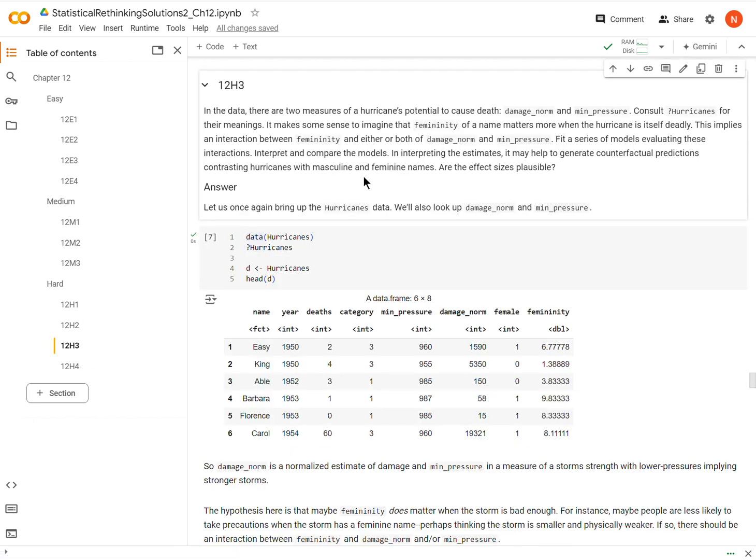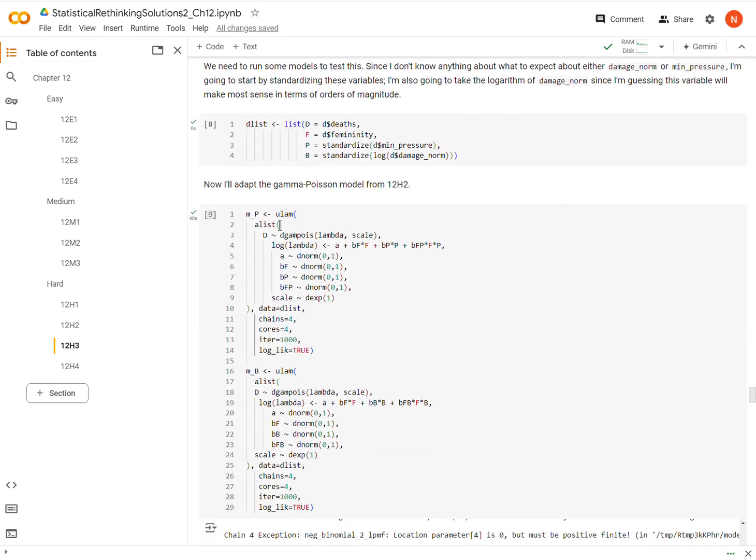But most relevant here is 12H3, where we modeled the number of deaths produced by a storm as a function of the femininity of the name of that storm, so maybe Donna versus Andrew, where Andrew would be the more masculine name and Donna the more feminine name.